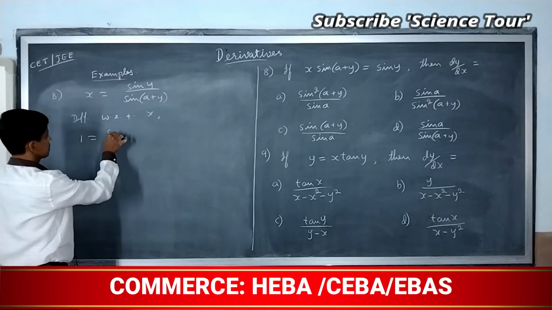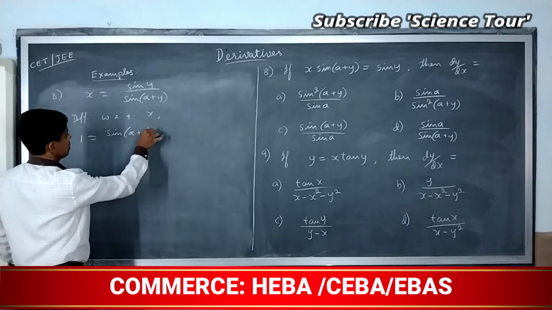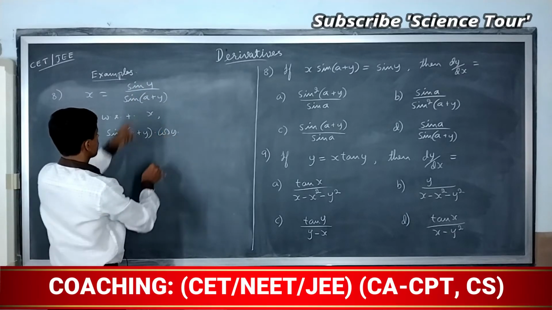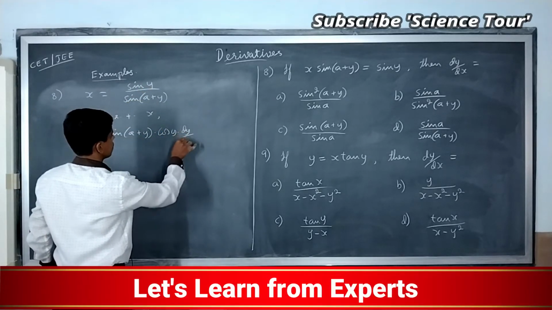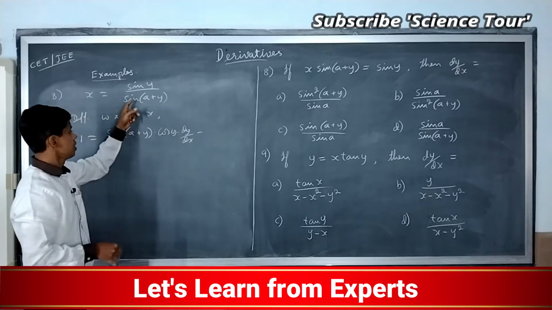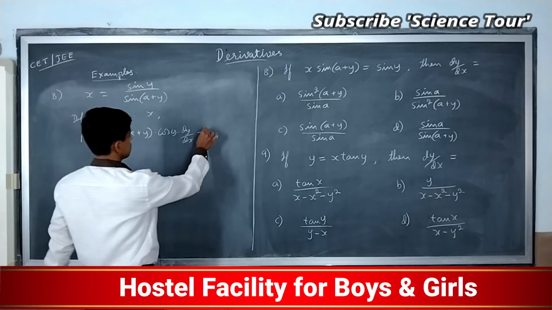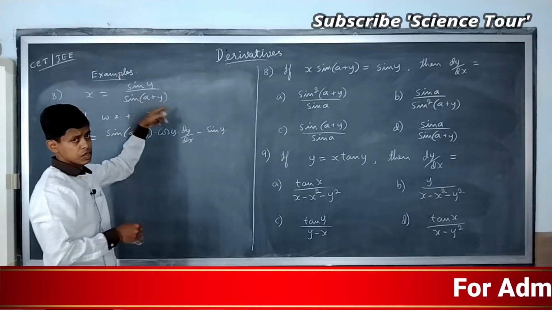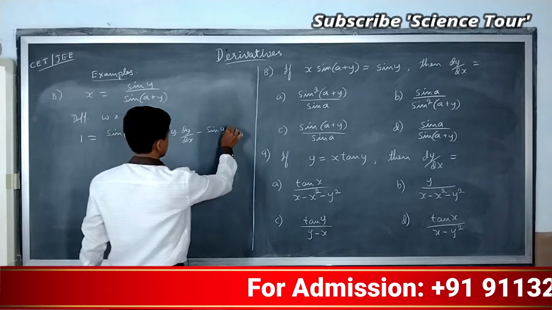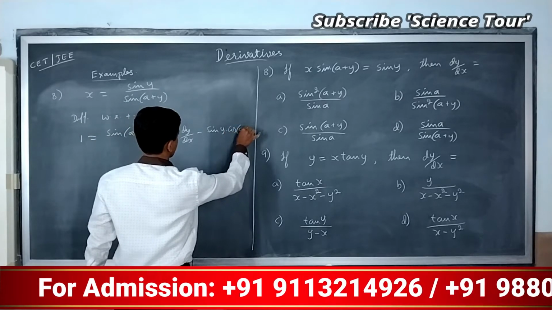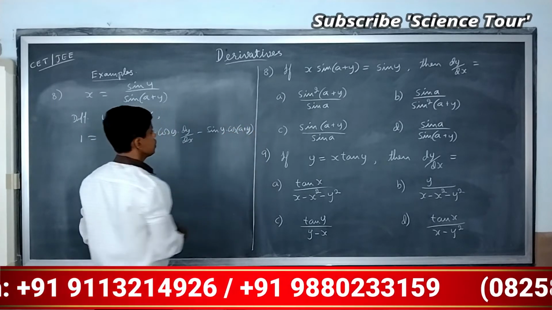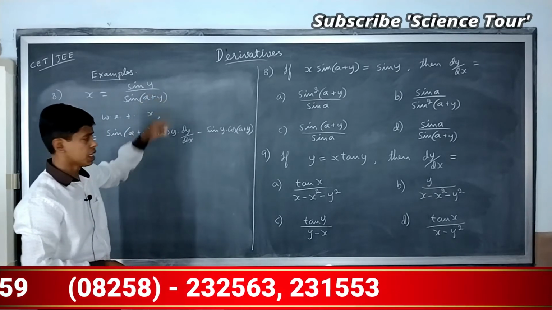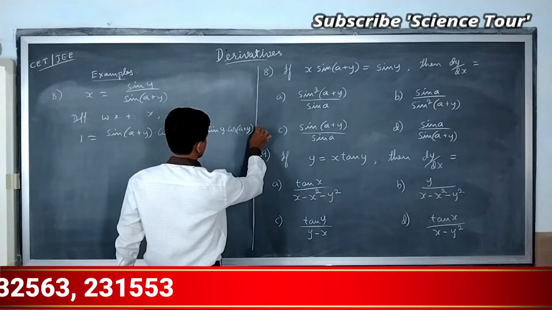So first sin of a plus y into derivative of sin y is cos y into derivative of y is dy by dx, minus now sin y as it is into derivative of sin of a plus y, that is cos of a plus y into derivative of a plus y, derivative of a is a constant, so 0, derivative of y is dy by dx.